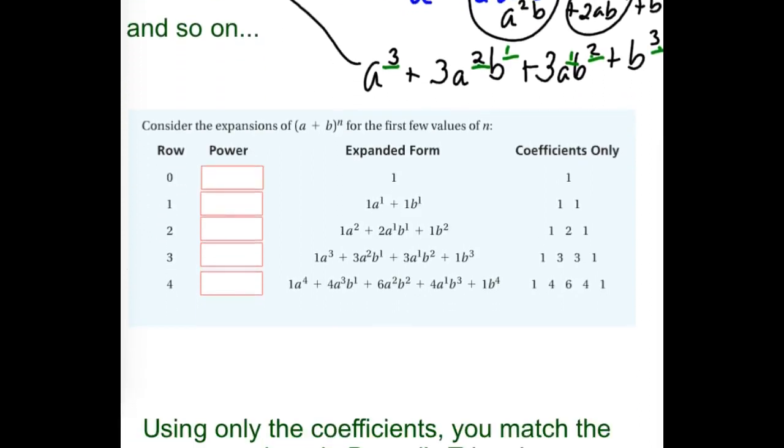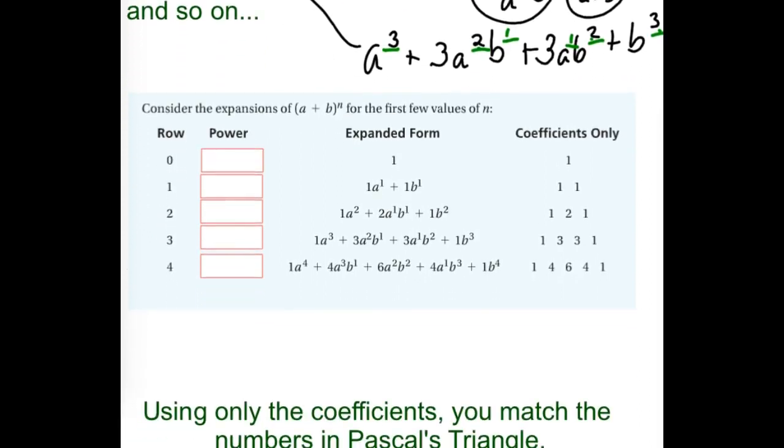All right. So how do we get from all this to Pascal's triangle? We are going to look at taking A plus B and raising it to the numbers from 0 to 4. We've already done some of them.